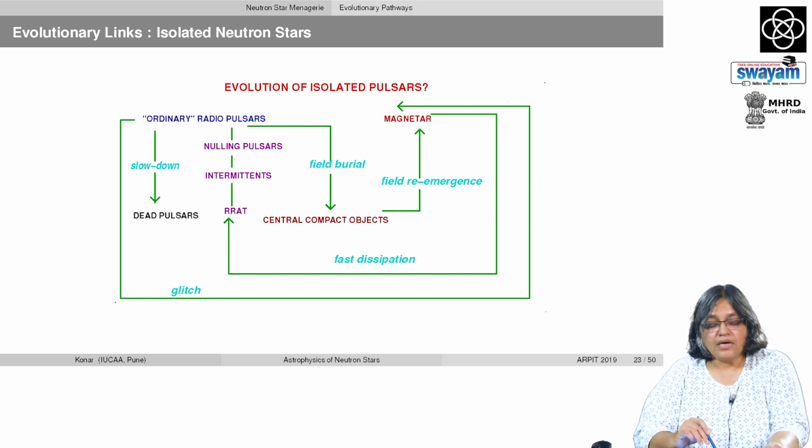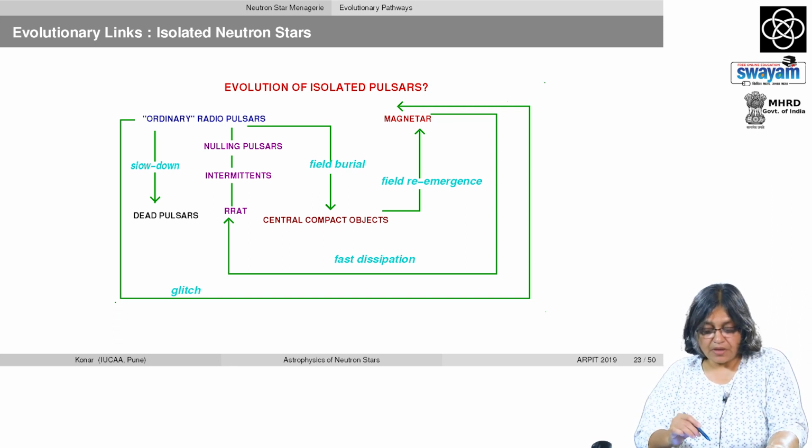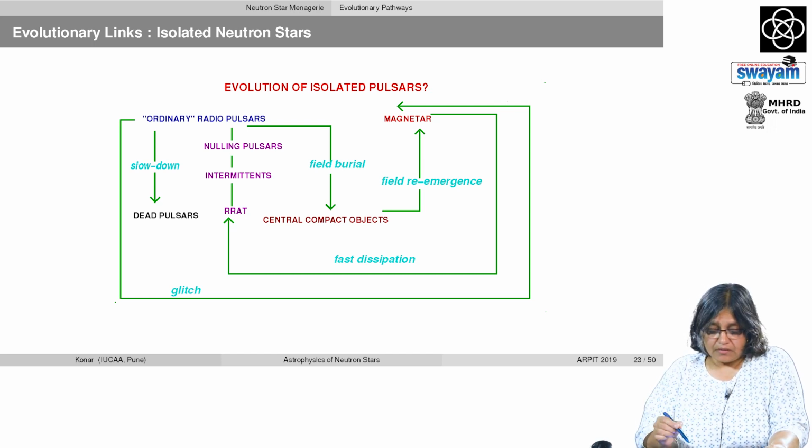Now, in a previous lecture we had talked about nulling pulsars, intermittent pulsars and RRATs. How are they connected evolutionarily to the ordinary radio pulsars? They are radio pulsars, but why do they have this peculiar kind of characteristic? Are they evolutionarily connected to something?